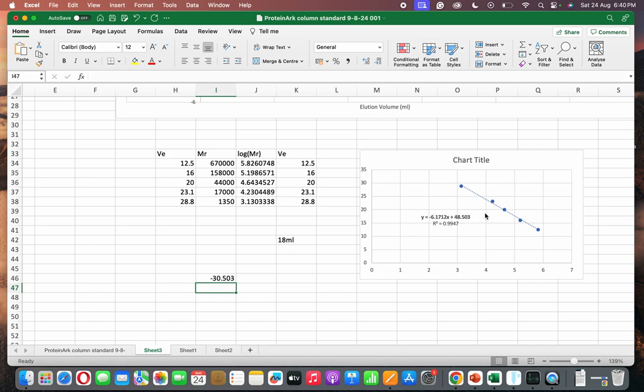And then we'll have to divide by this, .1712. Right? So now what I've gotten here is the value of log of the molecular weight.